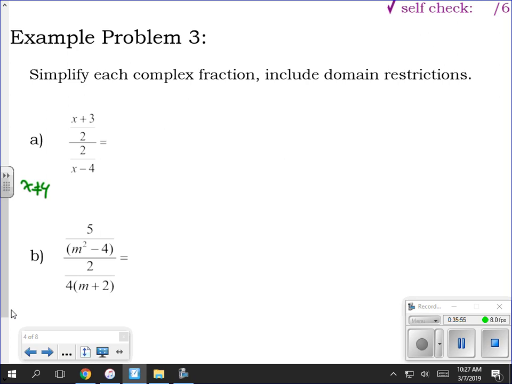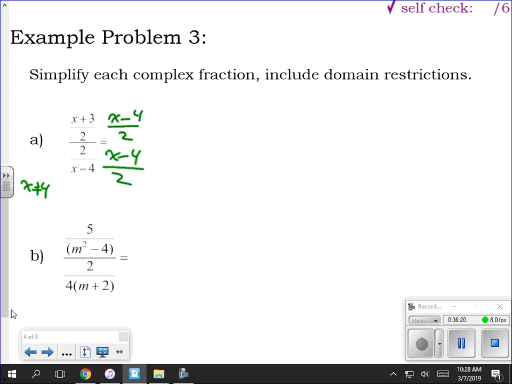And if it's over 1, it doesn't matter what's in the denominator. So I'm going to take 2 over x minus 4 and make that into 1. You do that by multiplying by the reciprocal, by its inverse. And you multiply top and bottom by the inverse.